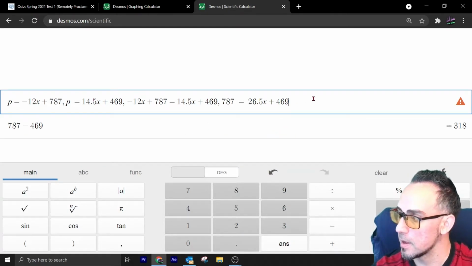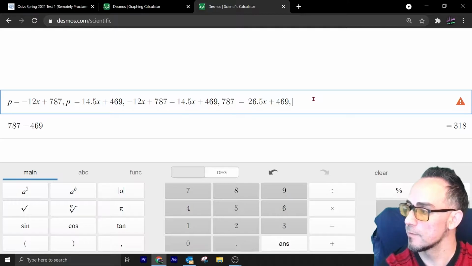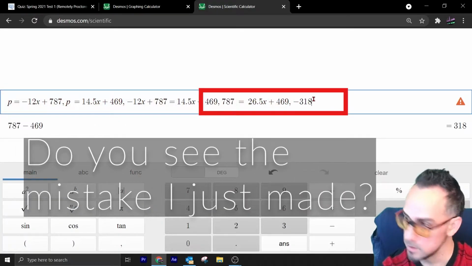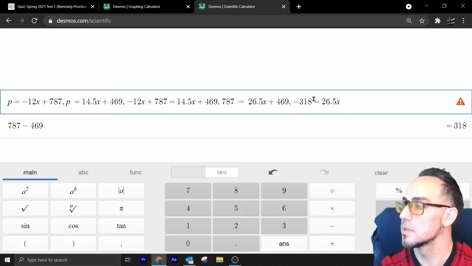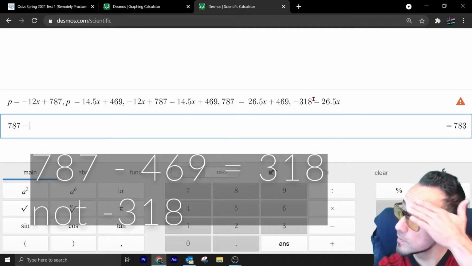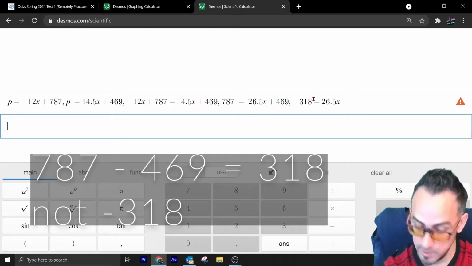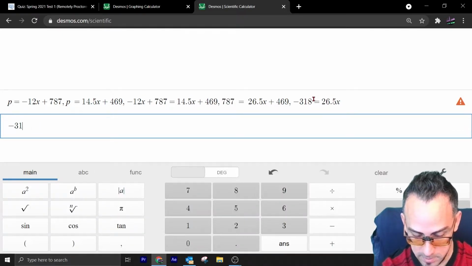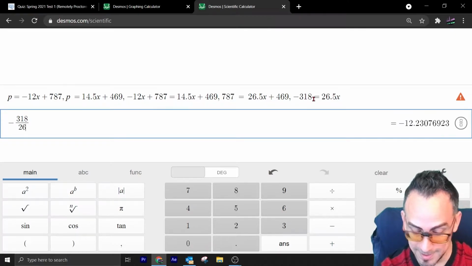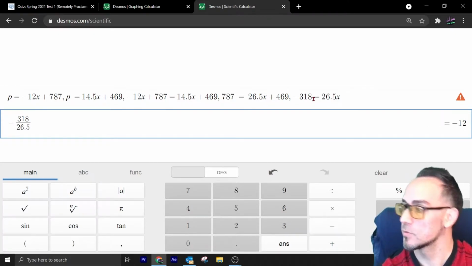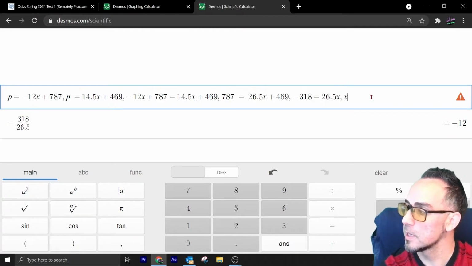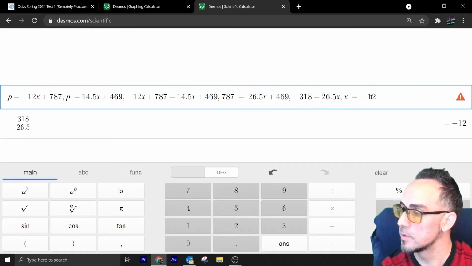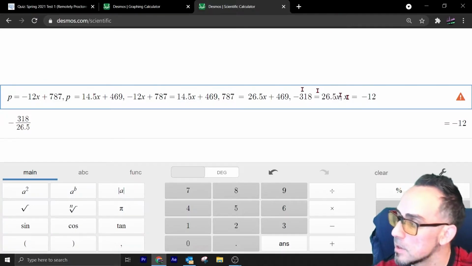So 318 equals 26.5x. My last step is to divide: 318 divided by 26.5, and I get 12. Oh, look at that. So x equals 12. That's my x value.